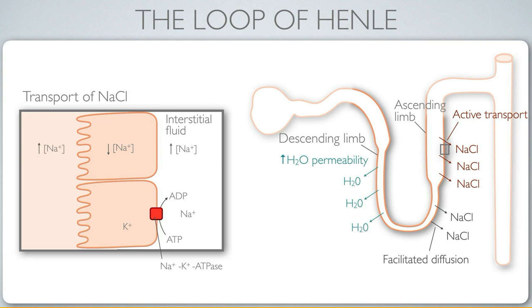Just like when we talked about glucose transport, we can use a sodium concentration difference as a source of energy. In this case, that helps facilitate the transport of chloride. In fact, 2 chloride ions are transported for every 1 sodium. Also, potassium, for whatever reason, is transported as well.